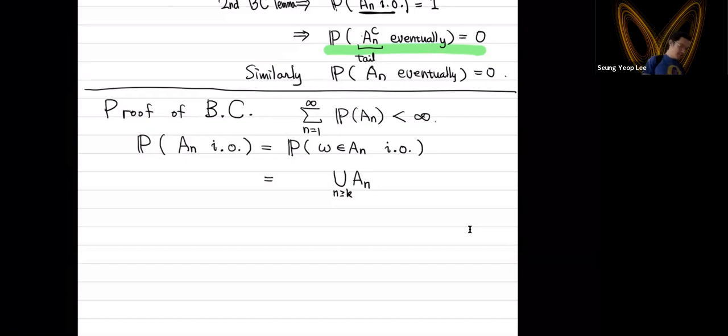For example, if k is 100, then this is the union of A_100, A_101, A_102, A_103, all the way to infinity. Union of all of them. If small omega has the feature that it belongs to A_n infinitely often, then will it also belong to this union?